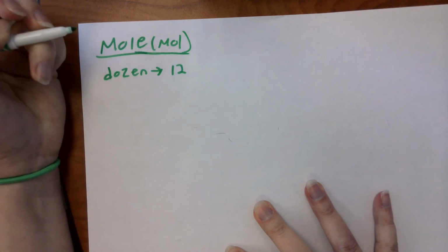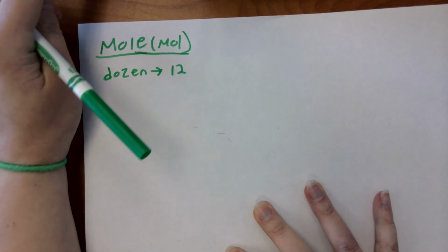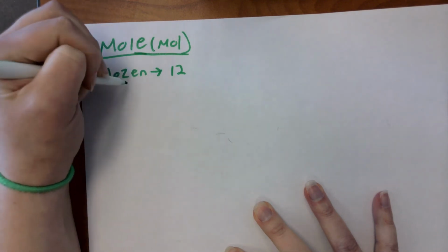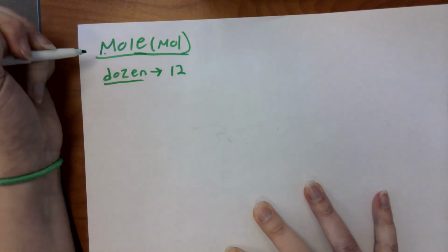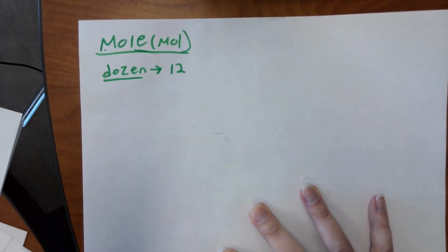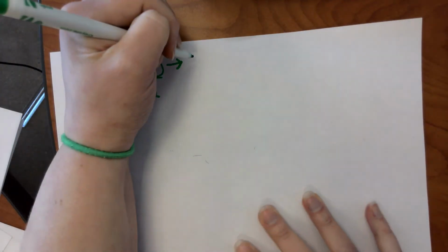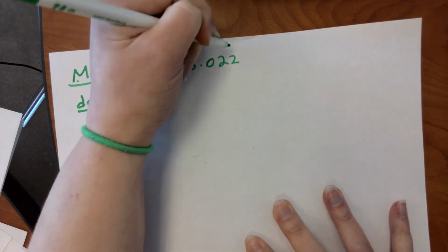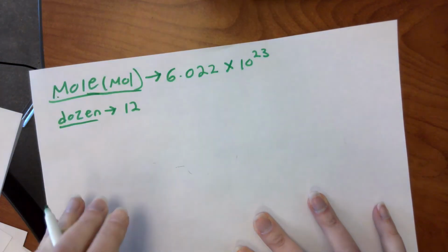Half dozen is 6. A baker's dozen is 13. That kind of thing. A mole is just another way to quantify a number by saying the word instead of listing out the number every single time. So a mole, all it is, is the number 6.022 times 10 to the 23rd things.